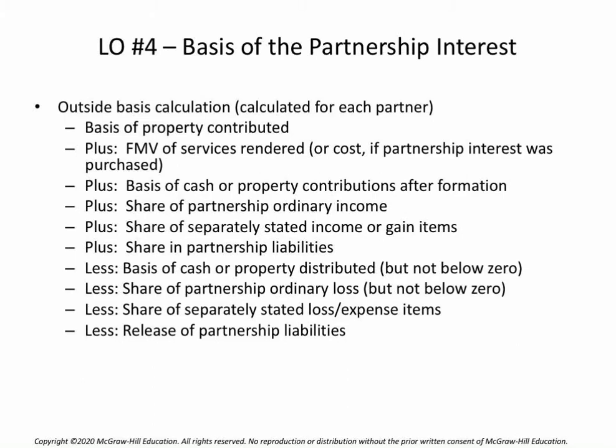But if later we also make a contribution to the partnership, we're going to get that as an increase in the basis. We're also going to take the share of partnership ordinary income to increase the basis. So we're going to report that through the K-1, which is going to report to us our share of the ordinary income if we're the partner. And then we're going to have to translate that over to the 1040 to report that as our share of ordinary income.